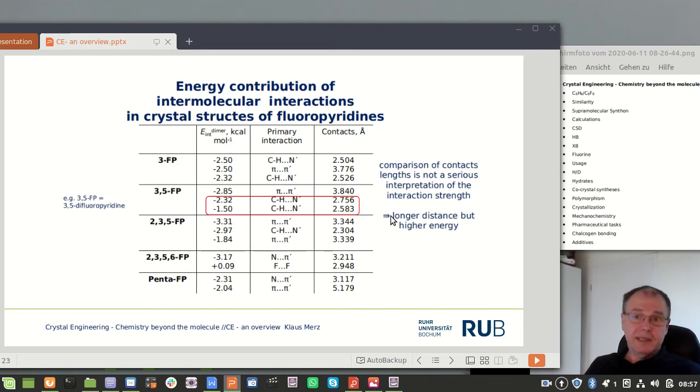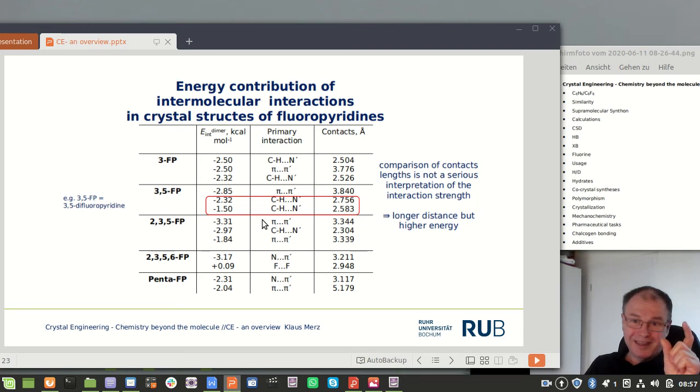Yes, and we have seen that calculation can help to understand intermolecular interaction, can help to understand what the dominating interactions are. We have seen in these examples that the distance in intermolecular interaction is not the dominating parameter.